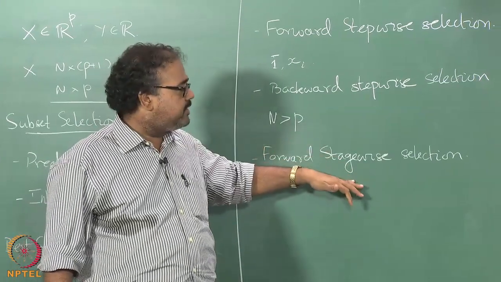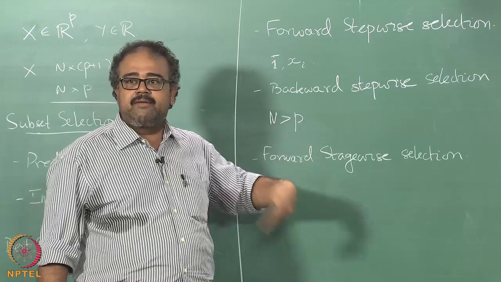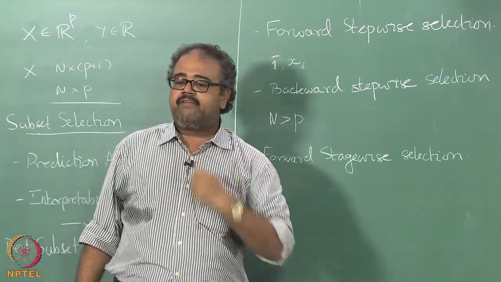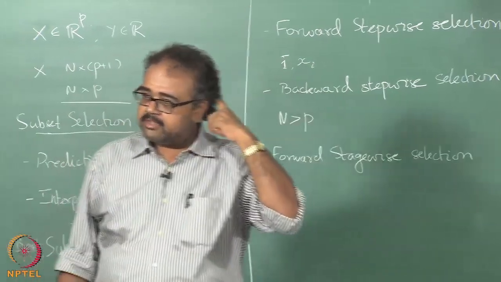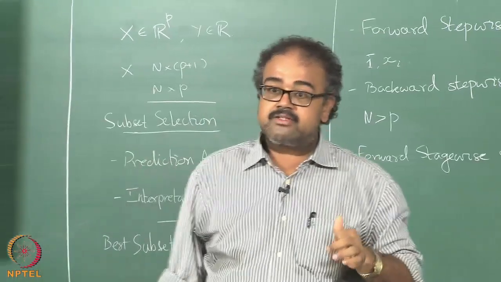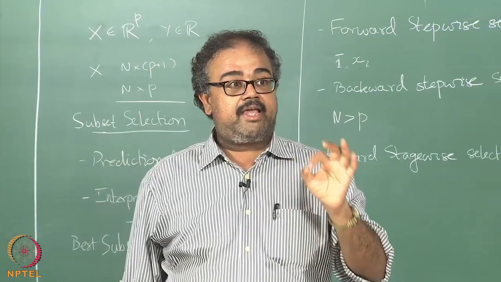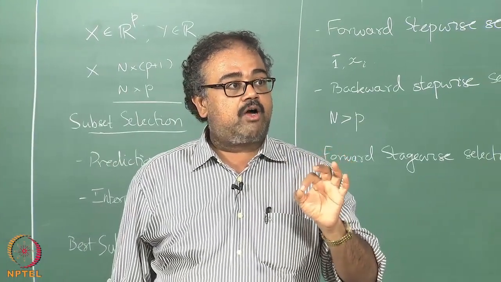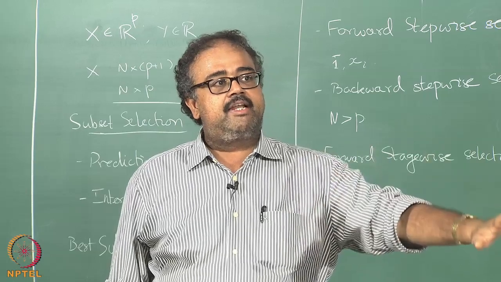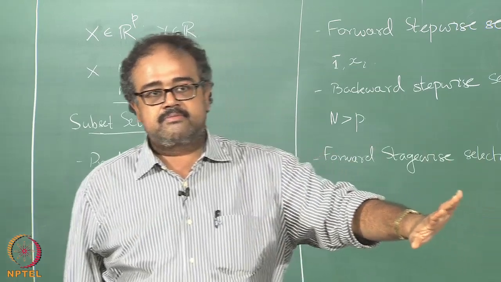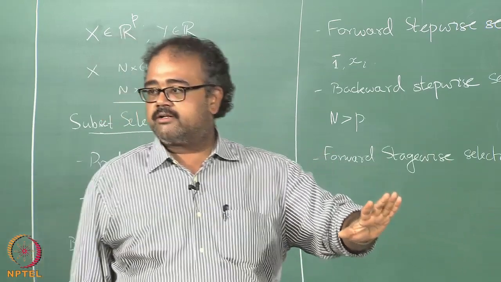Since we are doing this only one at a time, even though I might have k variables in the system, the coefficients I have for the k variables might not be the same k coefficients I would have gotten if I had started with these k variables and done a linear regression on it. So the coefficients could be different.